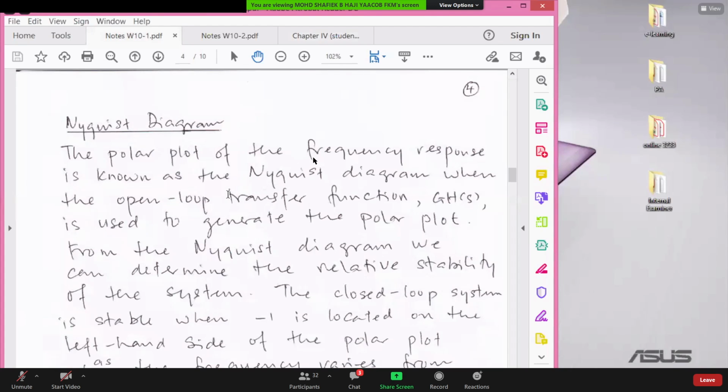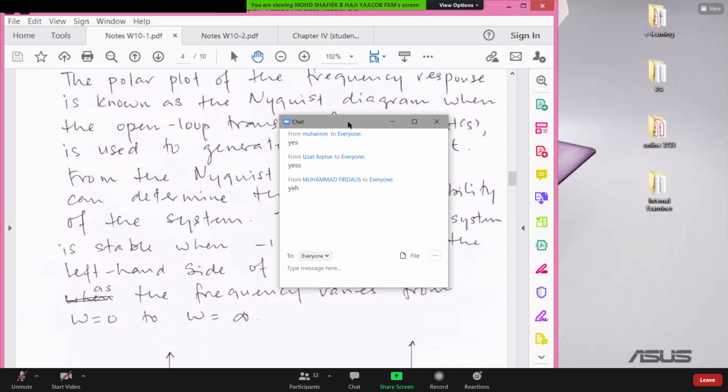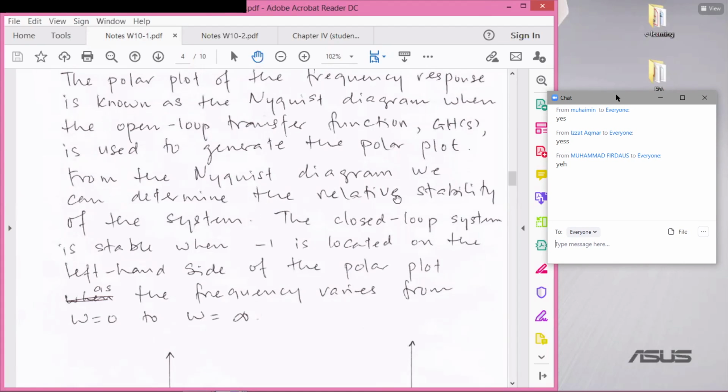So what do we get out of this Nyquist diagram? From the Nyquist diagram, we can determine whether the system is stable or not, and we can also know the relative stability. Not only can we know whether the system is stable or not, we can also know how close the system is from being unstable.